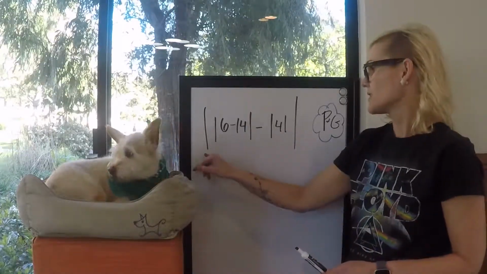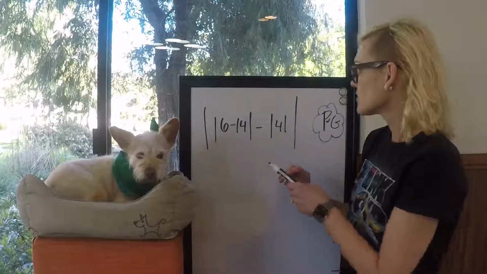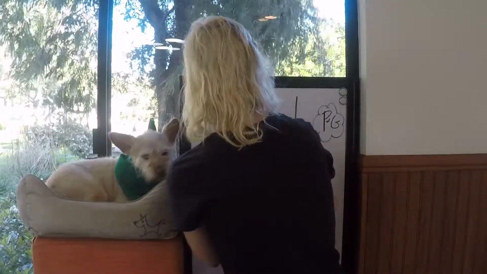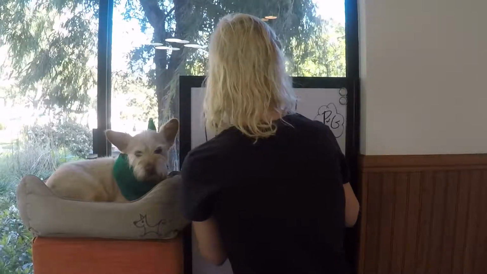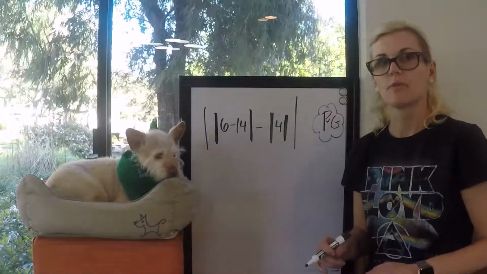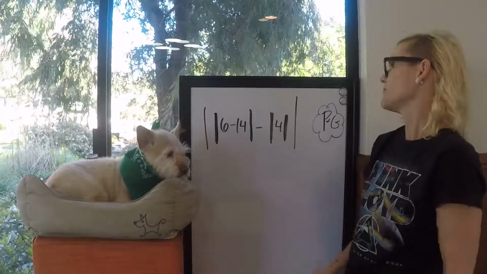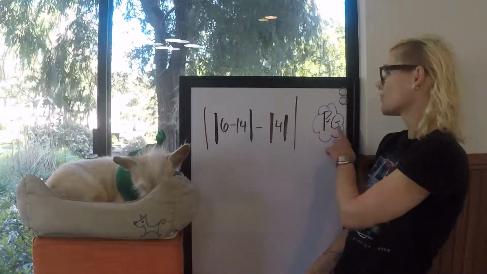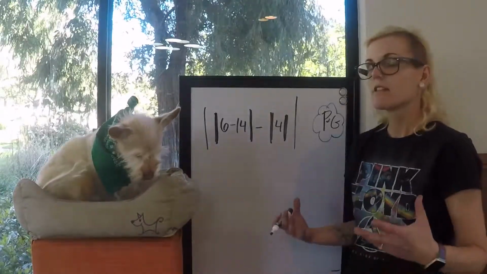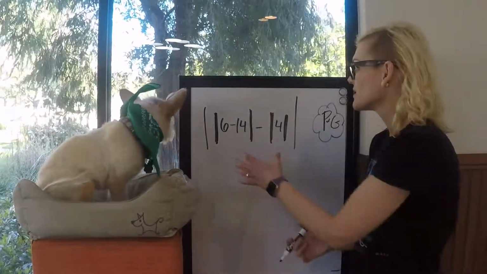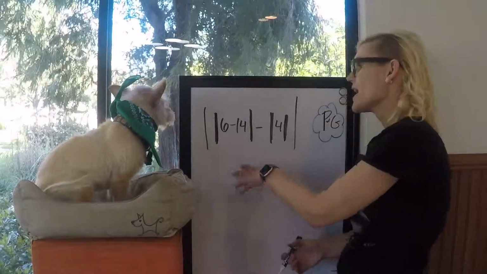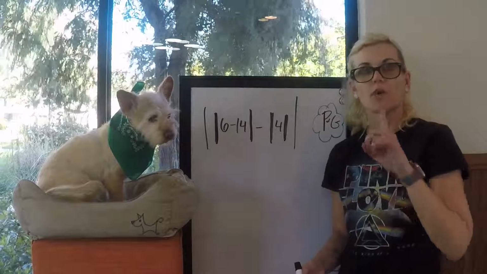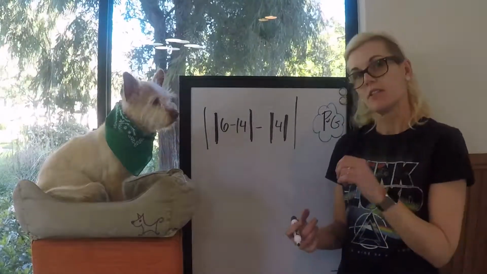I can see that there's a set on the outside, and I can also see that there are two sets on the inside. Just like in the last video, when we talked about order of operations, we talked about parentheses or grouping, and we said it's like the Oreo cookie. You have to deal with the cream first, and you're not done with P or G until you have one number left on the inside.